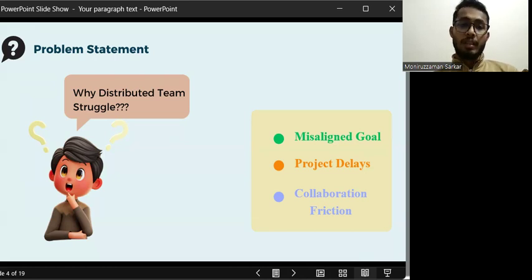This problem occurs because in distributed DevOps, the development team or operational team works in different regions, so they are not visible to each other. The second is project delays. This occurs because of poor coordination and lack of traceability. And the third one is collaboration friction. Collaboration friction arises due to disruptions between the client and the developers.